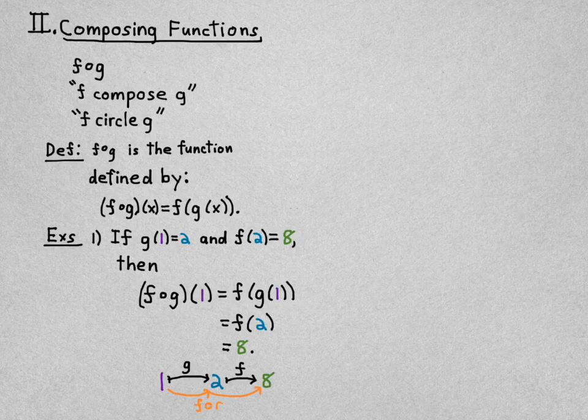So this is what's happening. G is taking 1 as an input to the output 2. F is taking 2 as the input and giving output 8. F compose G is going from 1 to 2 to 8. It doesn't actually go directly to 8.